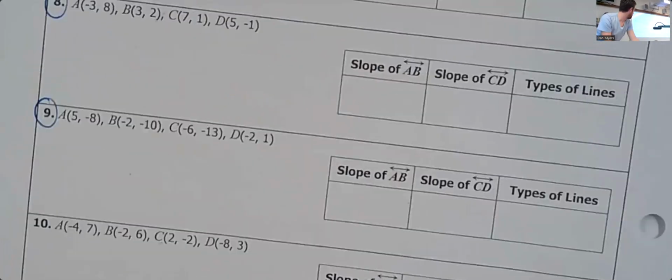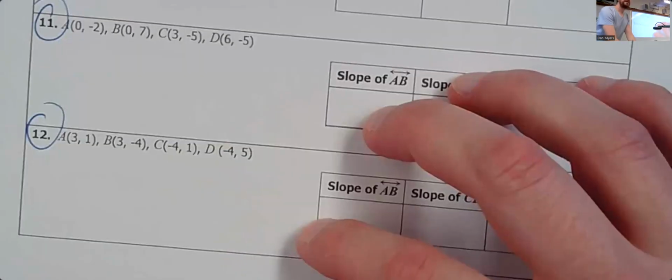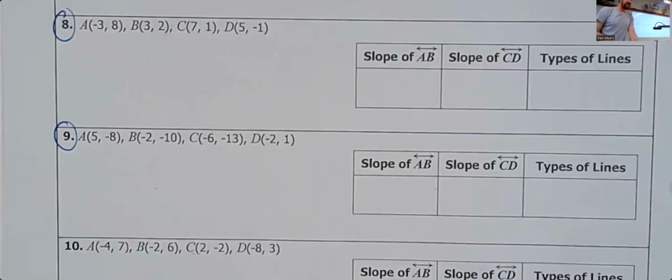So 8, 9, 11, and 12. And I'm going to give you 5 minutes. We'll check back in at 8:48, and then you have a lot of work time. 8, 9, 11, and 12. Five minutes on those.